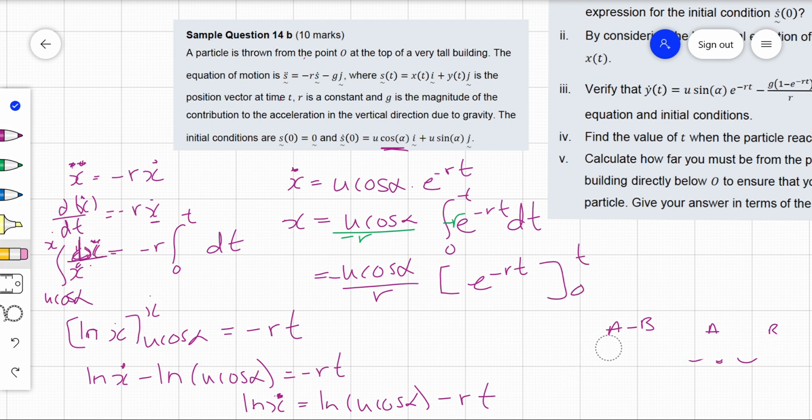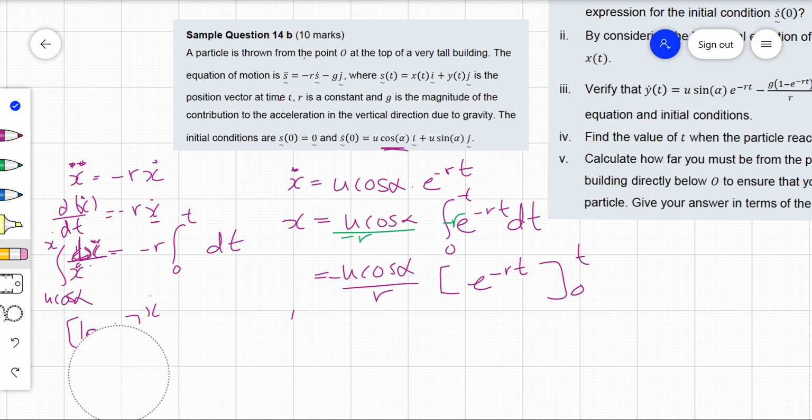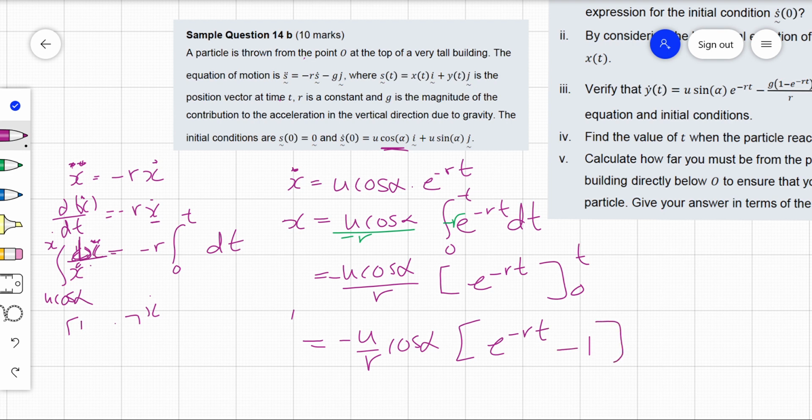So I get minus u on r cos alpha, e to the minus rt, and when I put 0 in I get minus 1. So actually I could put the minus through and make it look nicer by just swapping this around. So I've got 1 minus e to the minus rt there. And that gives me the equation for my x of t. I might do the others in a separate video.